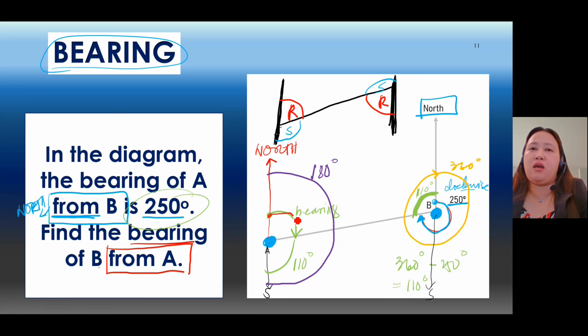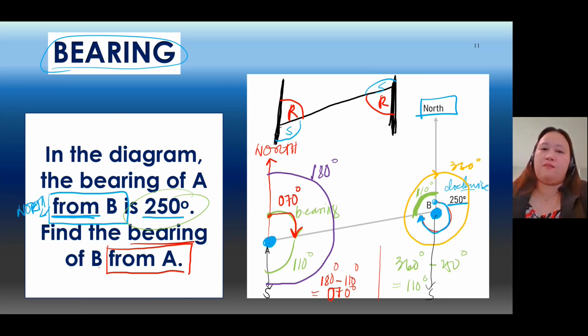So 180 degrees minus 110 degrees is 70 degrees. Remember, in recording, you have to put 0 if you have 2 digits to make it 3-digit. Let us label our drawing. So the bearing is 70 degrees.